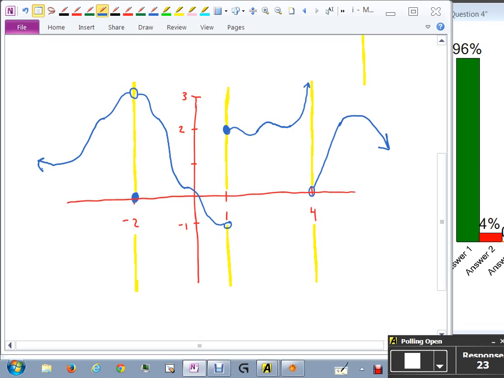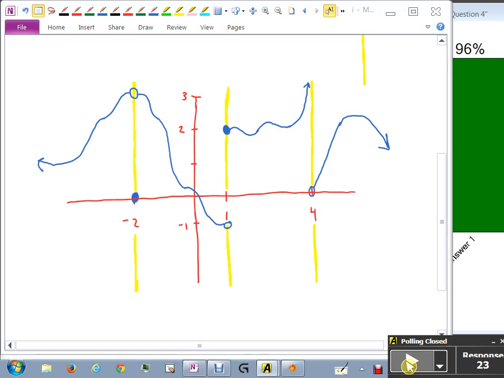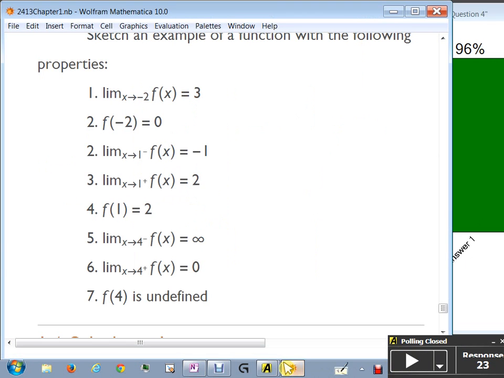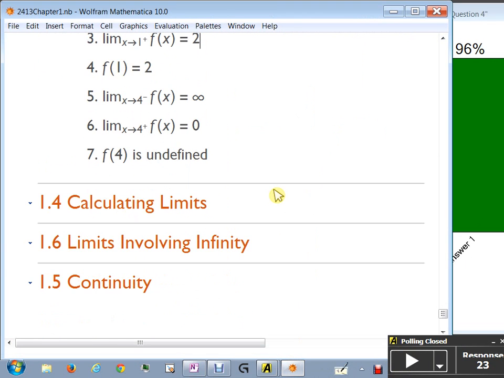You'll definitely have something like that on a test where I give you all the conditions and you draw it out. All right? We good? Okay. All right, so if somebody gives you conditions, you should be able to draw a function doing that.